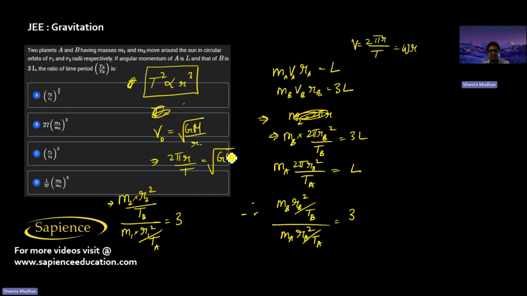So basically root GM by r. From here, if we simplify it, we will get T square is proportional to r cube.